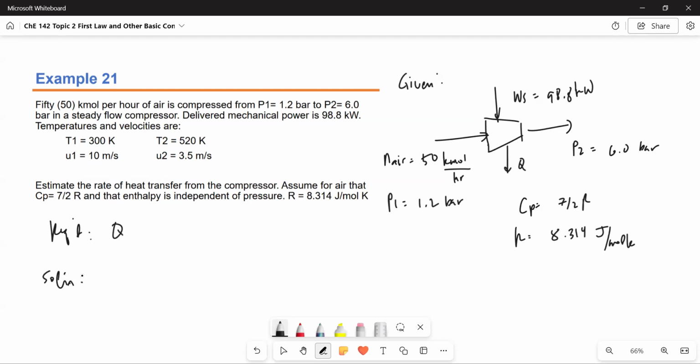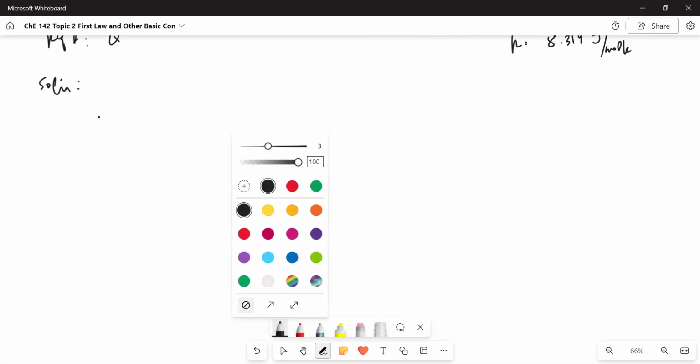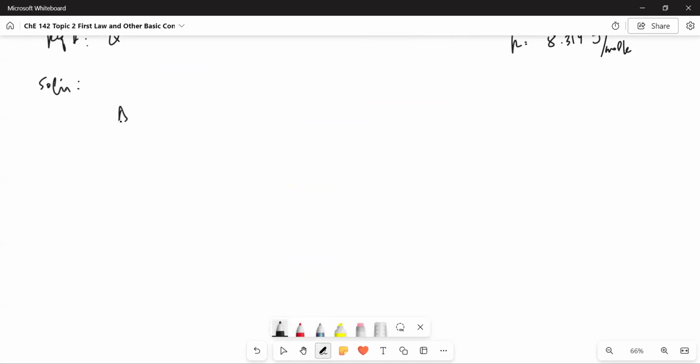For the solution, as usual, we begin with the general energy balance for steady state flow. Okay, what can I assume to be zero?